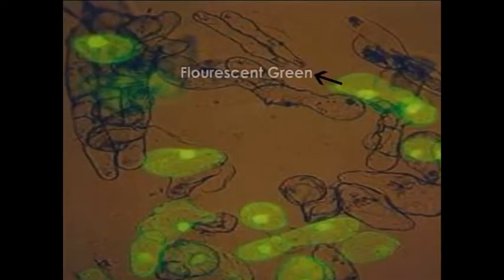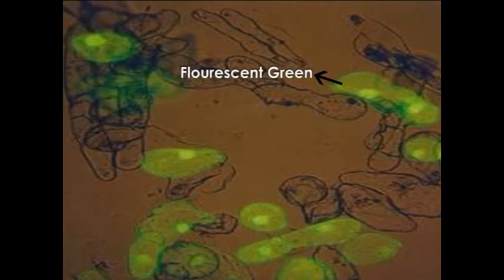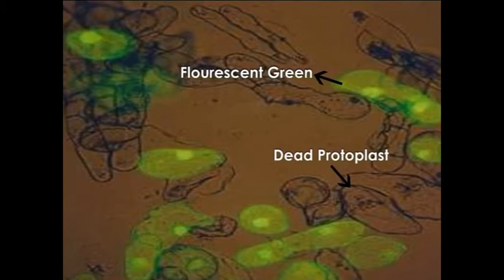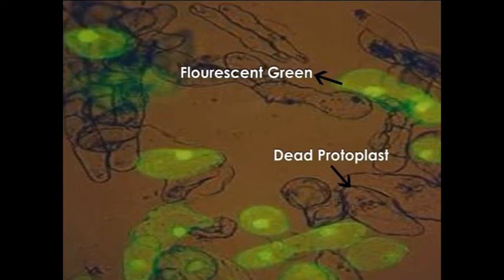The viability of protoplasts can be determined by using fluorescein diacetate, in short FDA, which passes across the plasma membrane of cells. The viable protoplasts will produce fluorescence of green or yellow color, while the dead protoplasts will not produce any fluorescence.